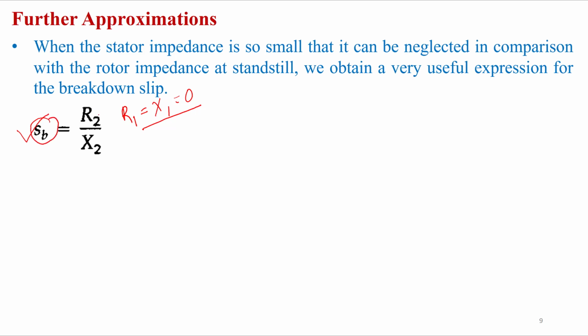You will find R2 by X2. This is the most simplified expression. When you neglect the starter impedance, we get the most simplified expression for breakdown slip at the breakdown torque, that is R2 by X2.